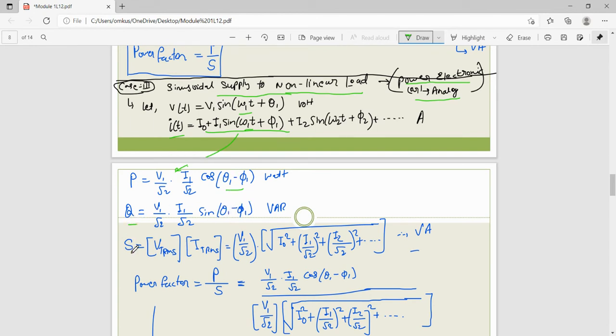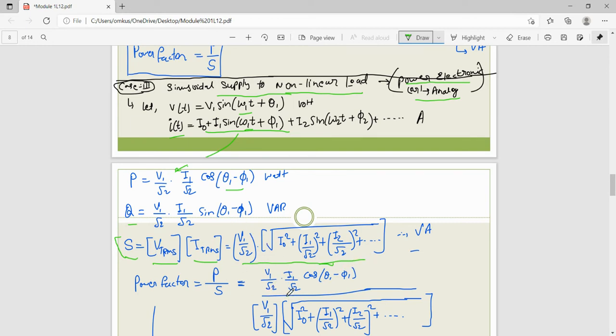But when you calculate the apparent power, you need to multiply the total RMS voltage quantity into the total RMS current quantity. So you will get the whole RMS value of that power. Now the power factor is the same.